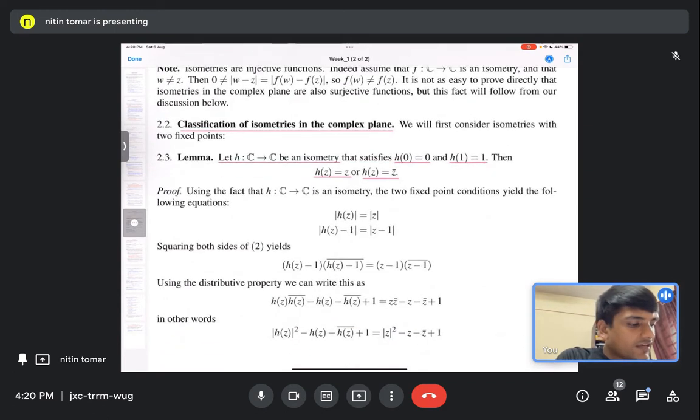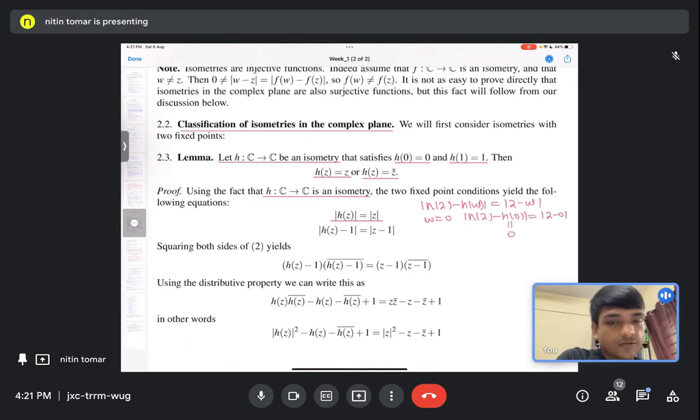Now, using the fact that H is an isometry, we know that mod of H(z) equals mod z. Why? Because mod of H(z) minus H(w) has to be mod of z minus w. So if you take w to be 0, then H(z) minus H(0) will be mod z minus 0.